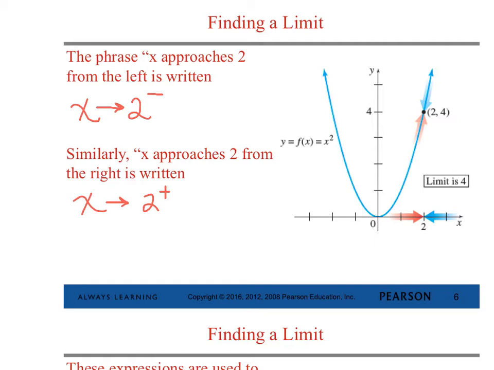And we see here that as x approaches 2 from the left, we get 4. And similarly, as x approaches 2 from the right, looking at the graph, we get 4, which means then that our limit is 4.